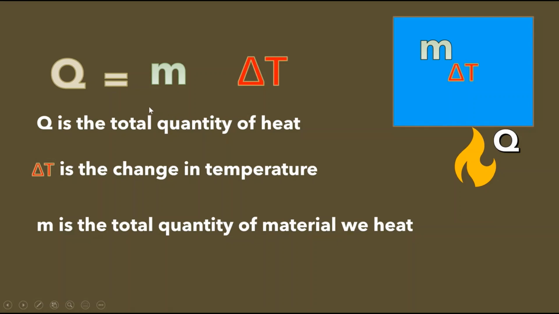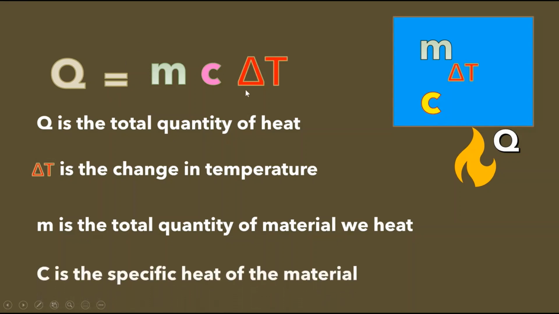Different materials are harder to increase in temperature than other materials. So here C, the specific heat, is the property that we need to remember, that is important for calculating the total quantity of heat required to increase a certain temperature.